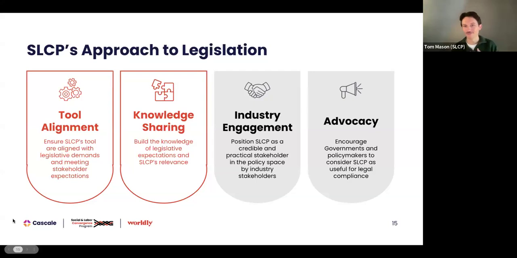For us at SLCP, a critical stakeholder within the policy discussion is our manufacturer base. We know and we're very aware that manufacturers are obviously going to be impacted by the legislation. So we need to make sure that the tools we're implementing are designed to be effective with this in mind.